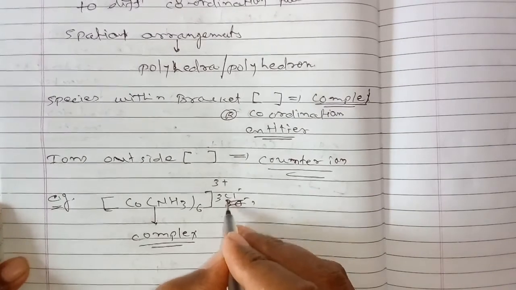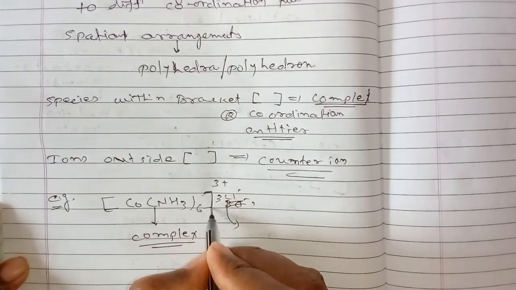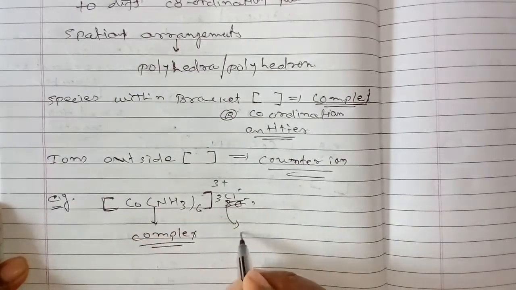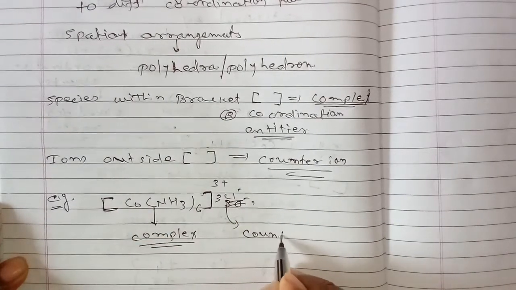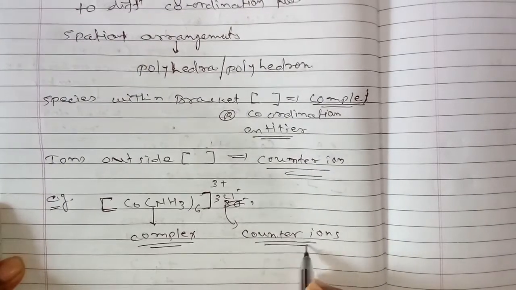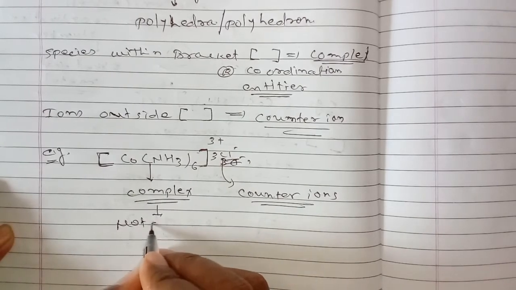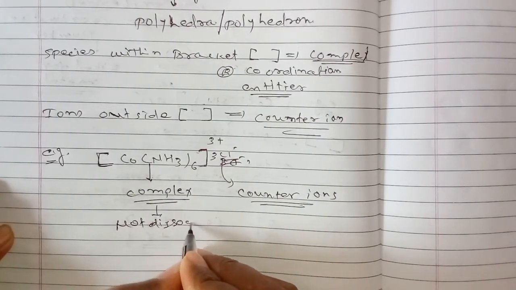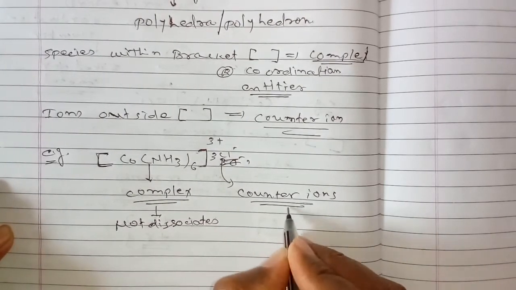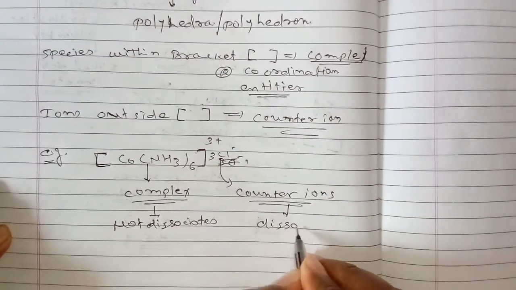And the chloride, which is outside of the square bracket, is called the counter ions. So the complex does not dissociate. The counter ions can dissociate.